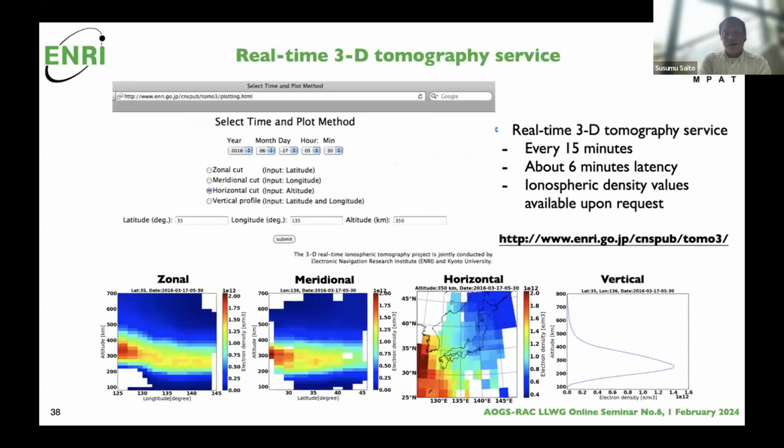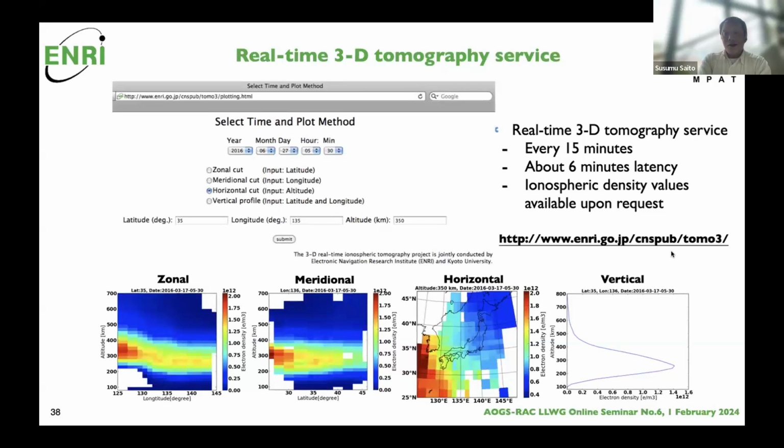And the real-time 3D tomography service is available on this website, and you can choose any time instant and different sorting methods.